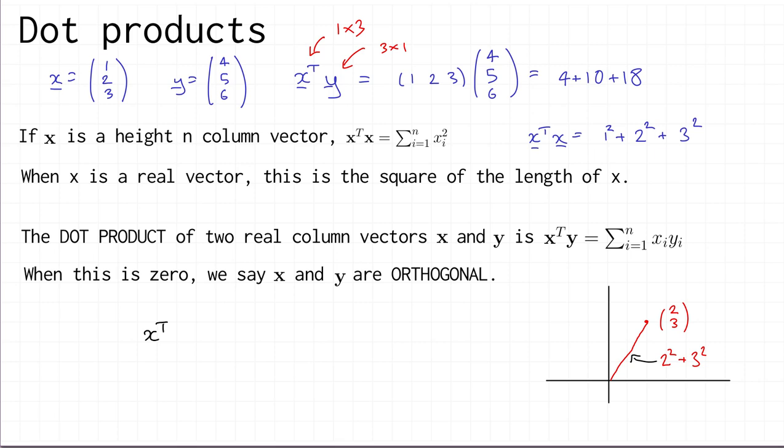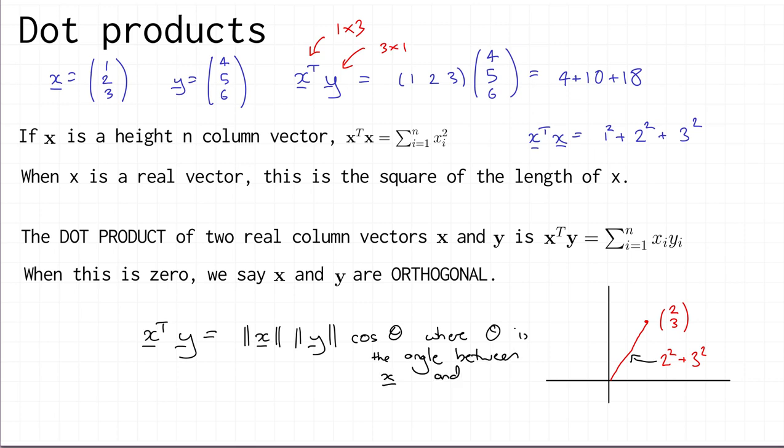Now, we're not actually going to use this in Math 5, so I won't go into any detail, but I think I really just would like to mention that there is a mathematical expression, a geometric expression for the meaning of X transpose Y, this dot product, and the answer is that it is the length of X, so by that I mean the square root of X transpose X, times the length of Y times cosine theta, where theta is the angle between X and Y. Alright, so by this symbol here, I mean the length of the vector X.